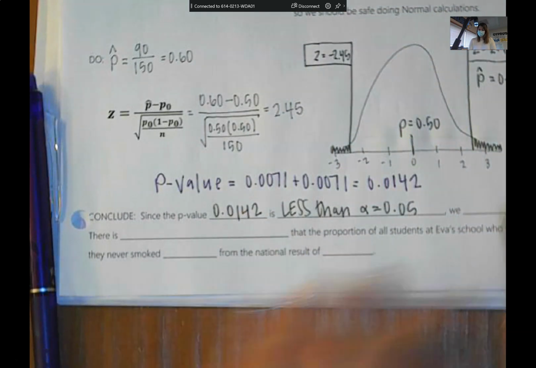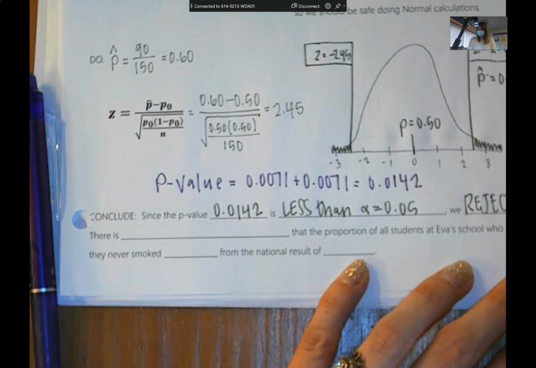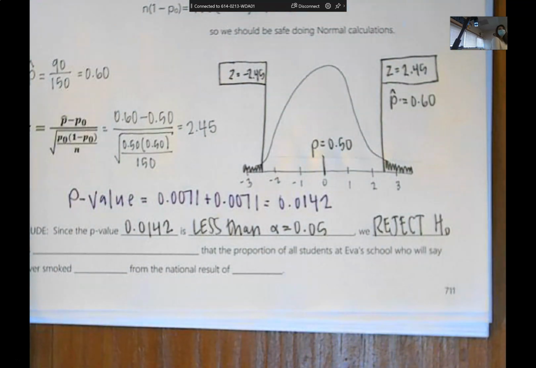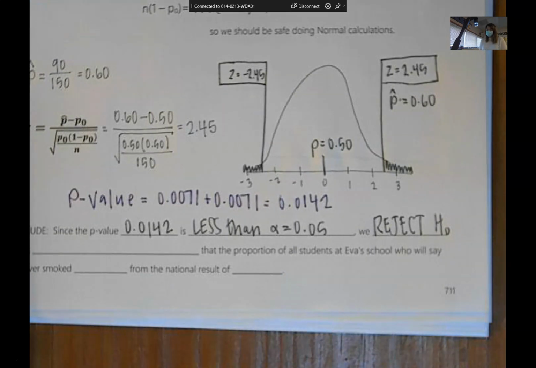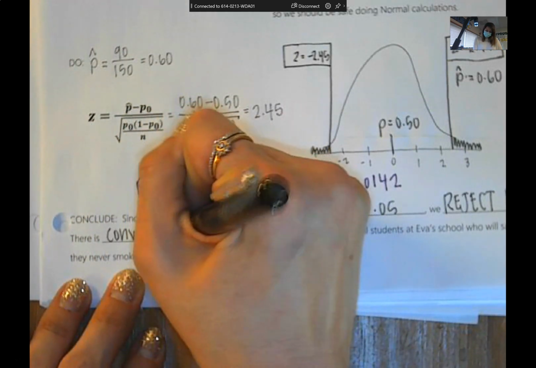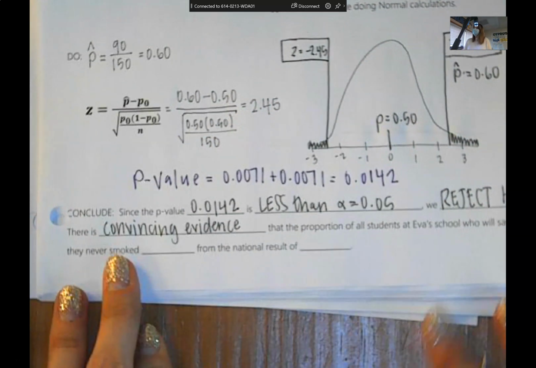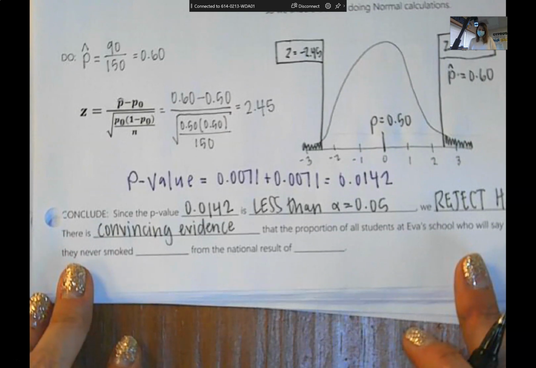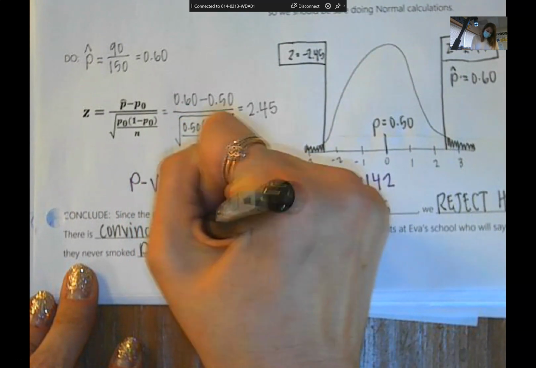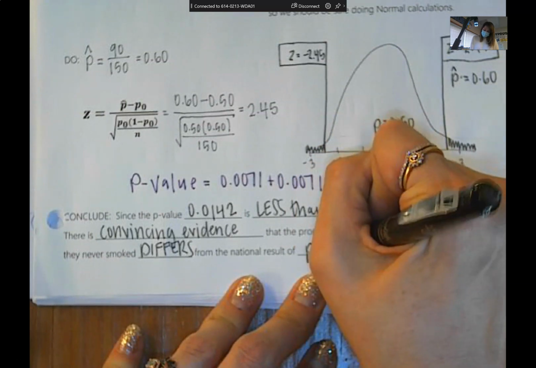P-value is low, so we reject the H0. So reject H0, or you could literally write reject the H0. There is convincing evidence that the proportion of all students at our school who will say they never smoked differs from the national result of 50%.